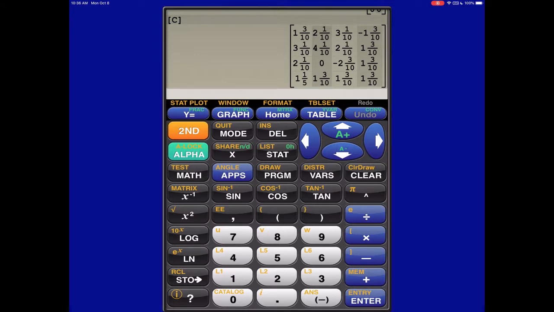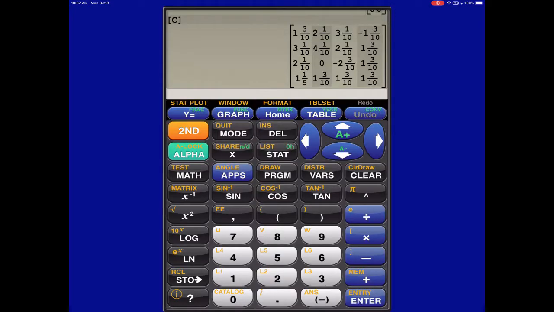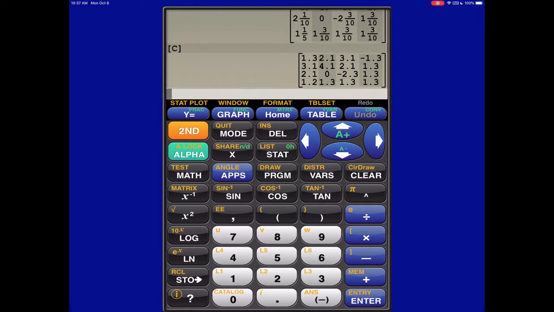Okay, so mode. I want decimal. Done. So let's say if I do second entry, now it's giving it to me as decimals.